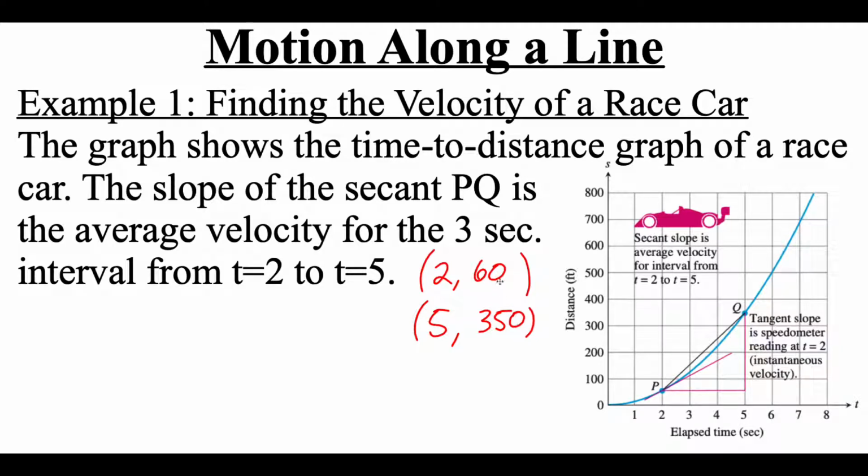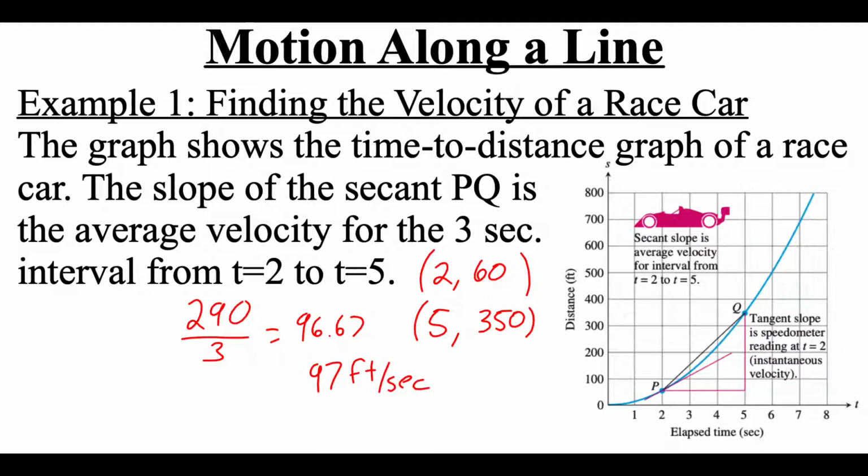If we subtract those two values, 350 minus 60 is a change of about 290 feet over that 3-second time interval. So this is going to be about 96.67. So over that 3-second interval, we could say that our average velocity was about 97 feet per second.